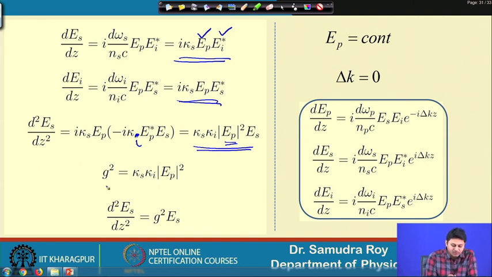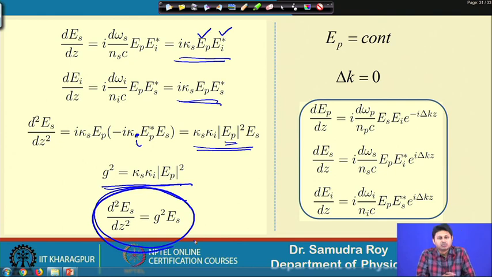Now, I consider one quantity G, where G squared is equal to kappa s kappa i and mod of Ep whole squared. So, this is my G. Now if I put this G, we will have a differential equation of this particular form. This is not a very new kind of differential equation.